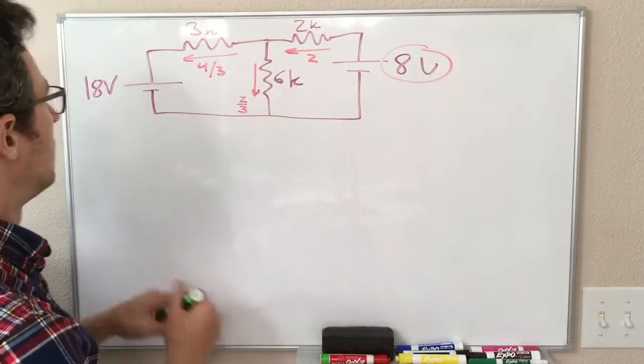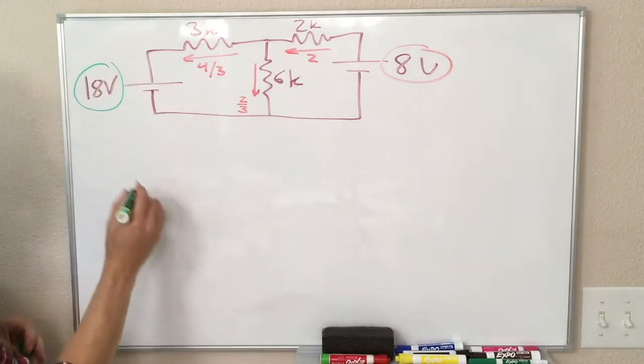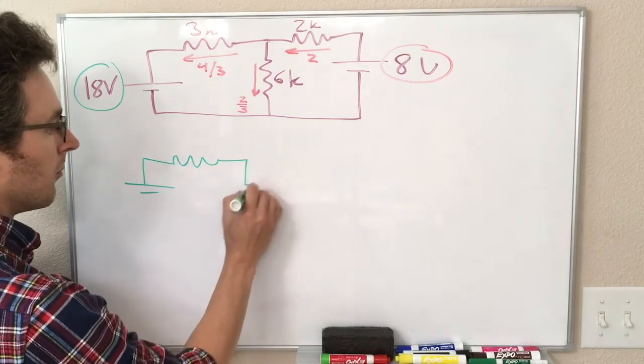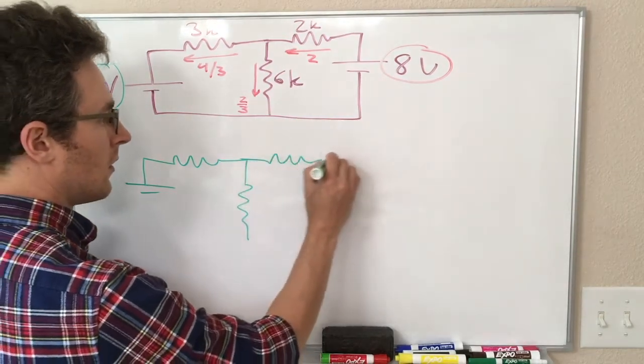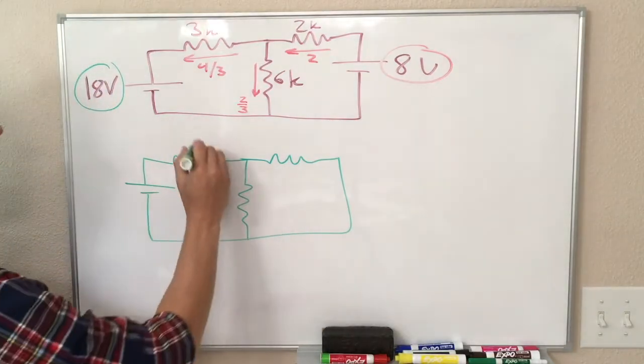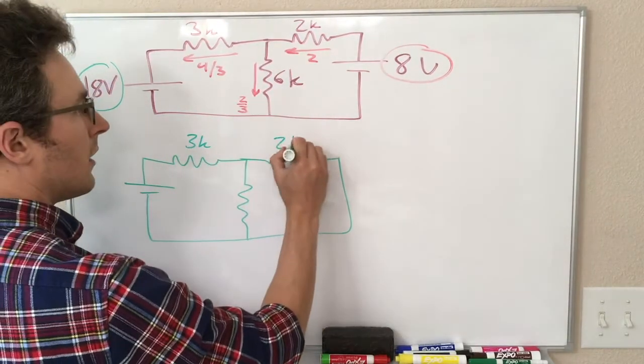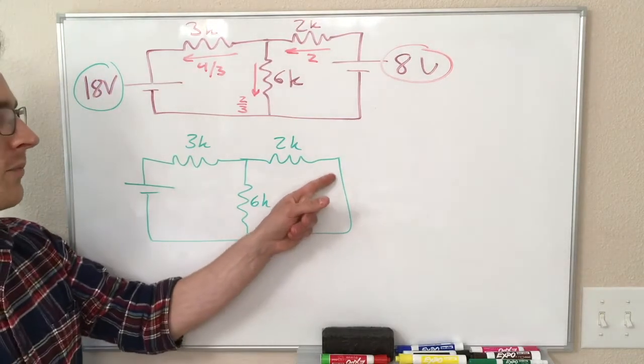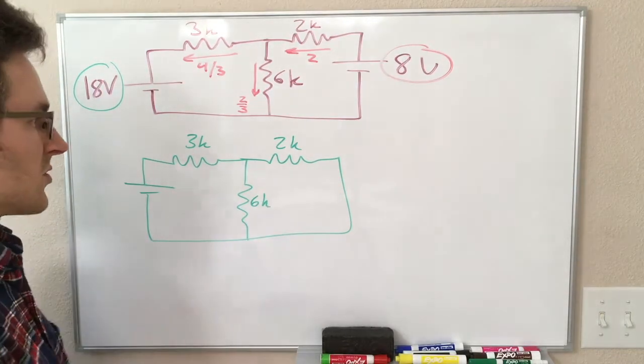Okay, now let's do our 18 volt supply quickly. It will be exactly the same technique. So now my 2K and my 6K are in parallel, and I've replaced my 8 volt source with just a wire.